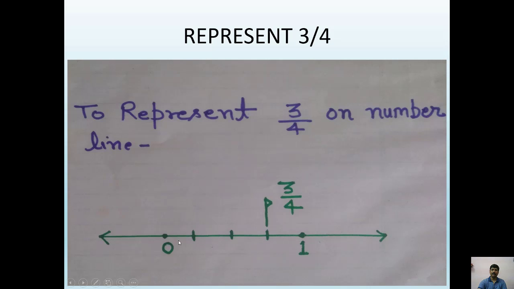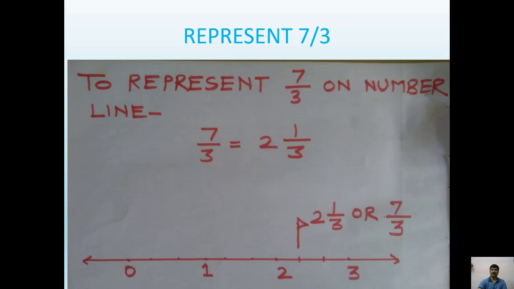Now we will divide this whole into 4 equal parts and we will take 3 out of these 4. 1, 2, 3. So this point will represent 3 upon 4. It must be remembered that these parts must be equal. So you can represent any fraction on the number line.